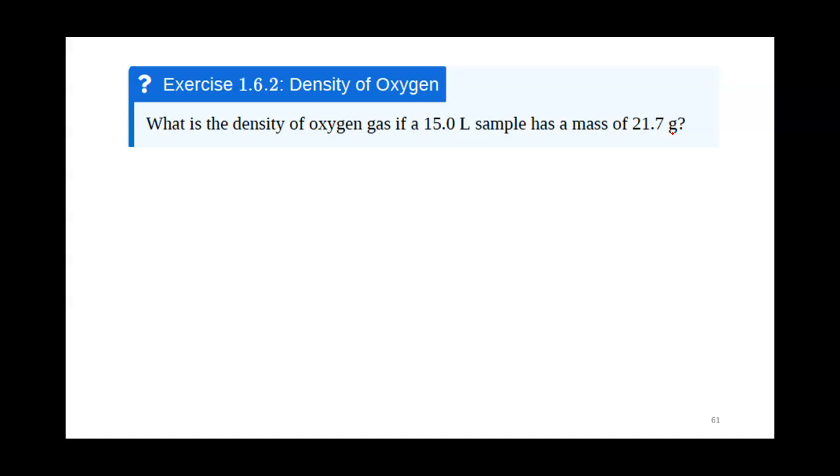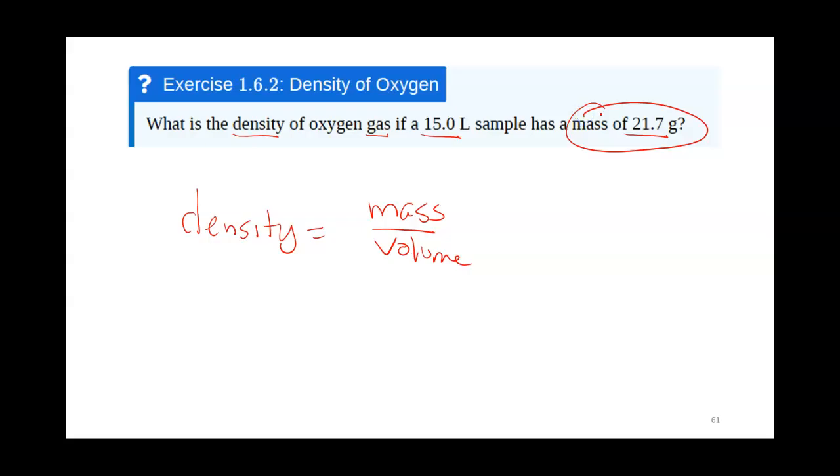Let's have a quick look at calculating a density. It says, what is the density of oxygen gas if a 15-litre sample has a mass of 21.7 grams? To calculate density, we take mass and we divide by volume. They kind of give you a giveaway there. That's the mass, isn't it? 21.7 grams.